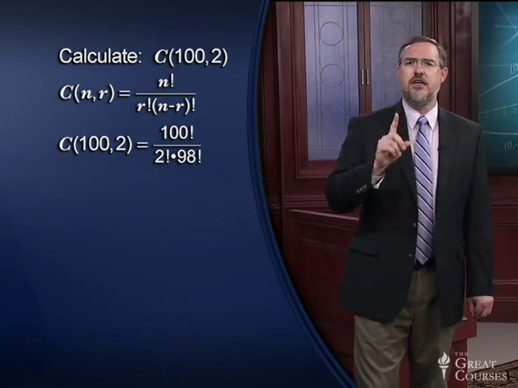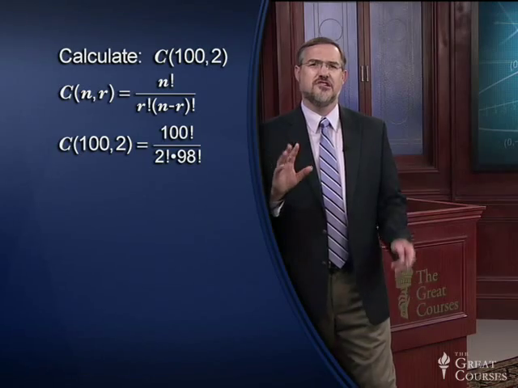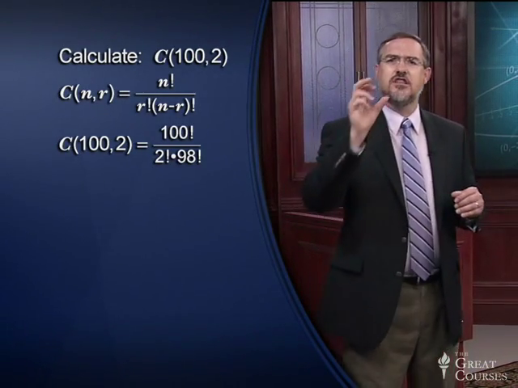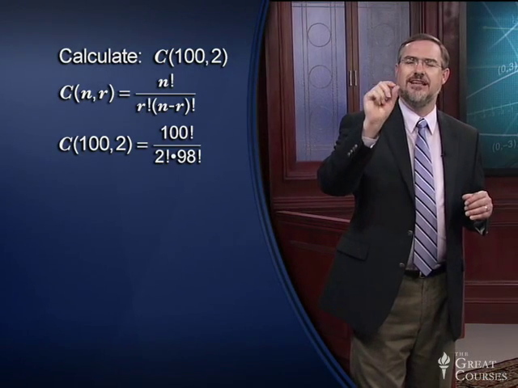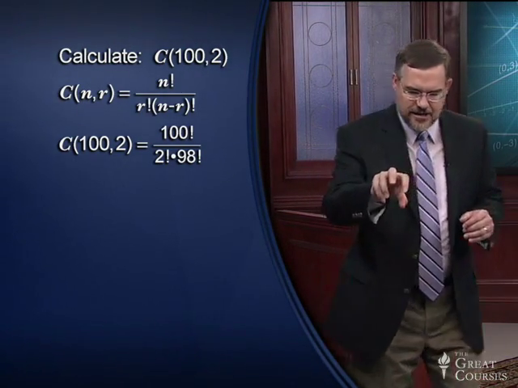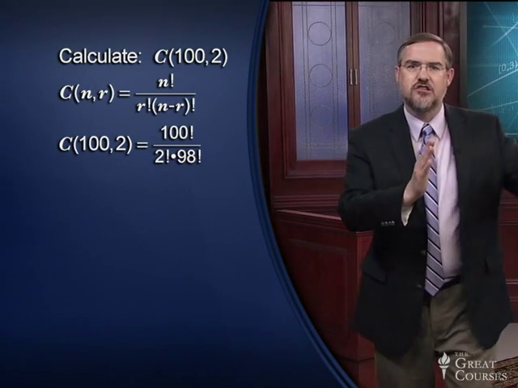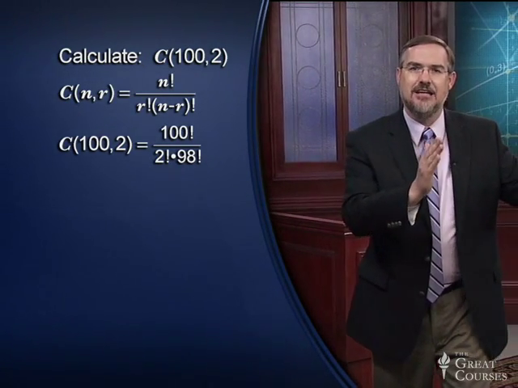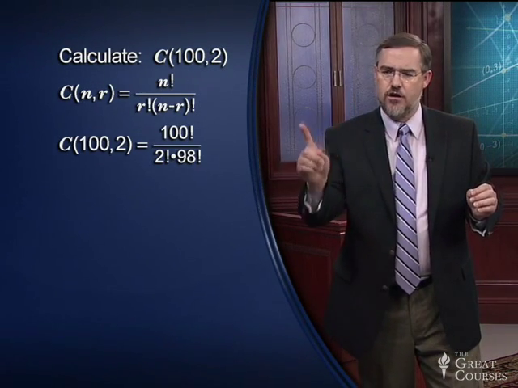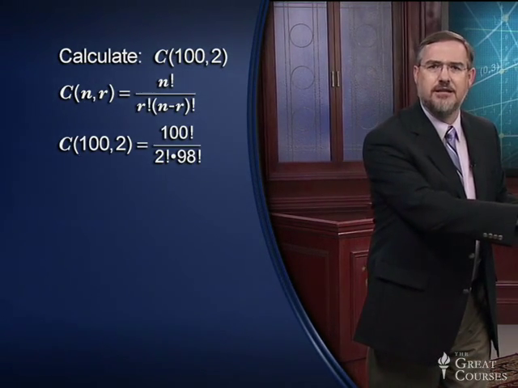Now, think for just a minute about how to do this in a smart way, in a wise way. Notice that the 100 factorial is the same as 100 times 99 times what's left, which is 98 factorial. Because 100 factorial is going to be all the numbers from 100 down to 1 multiplied together.